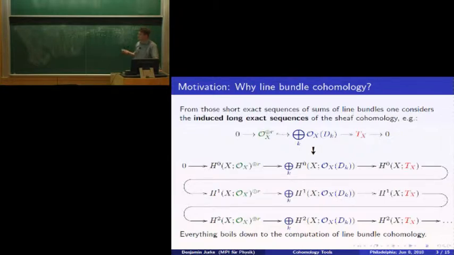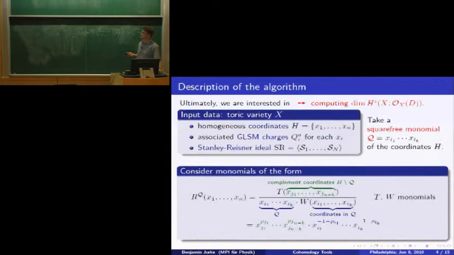Then I can, in principle, using the exactness, compute those two cohomologies here, and ideally, if there are enough zeros appearing in those constructions, or if I do the laborious way and actually compute all the mappings in between, I can derive the cohomology with values in the tangent bundle from that. So in the luckiest case, everything boils down to the computation of line bundle cohomology, and this computation can sometimes be quite laborious, and this was one of the main motivations why we devised a new algorithm for that.